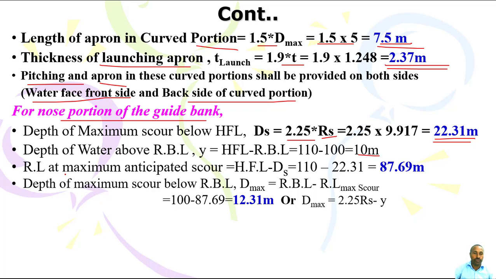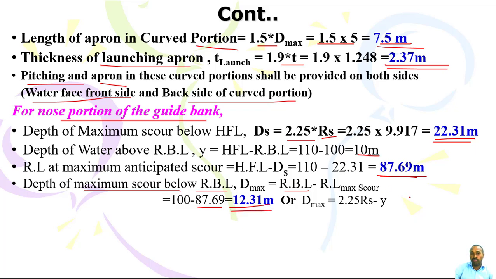But the reduced level at maximum anticipated scour is HFL minus depth of scour below HFL, so you have this elevation. Then the maximum depth of scour below river bed level will be D max, which is river bed level minus the reduced level at maximum scour. So if you subtract from 100, you get 12.31 meter.